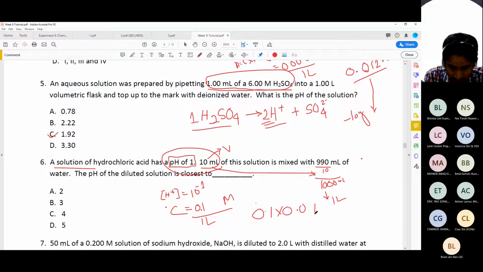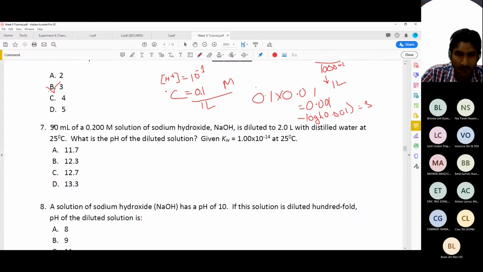So it becomes 0.01 times 0.1, which is 0.001 moles. All right, so negative log of 0.001 should be the answer for us. Negative log of 0.001 is equal to 3, which is the answer for this. All right, so thank you.